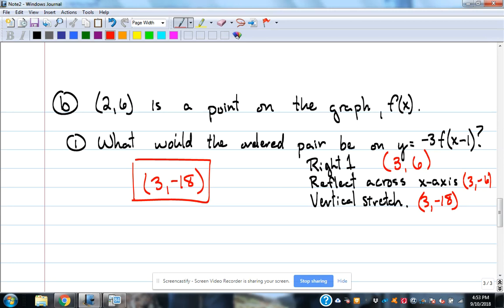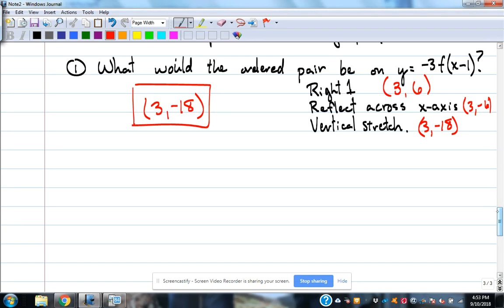Let's do another one. Let's move it with this function. Y equals f of x plus 4 and then minus 8. So it doesn't matter what the function was. We're moving the point (2, 6). That's the point we're moving based on these transformations that are happening there.